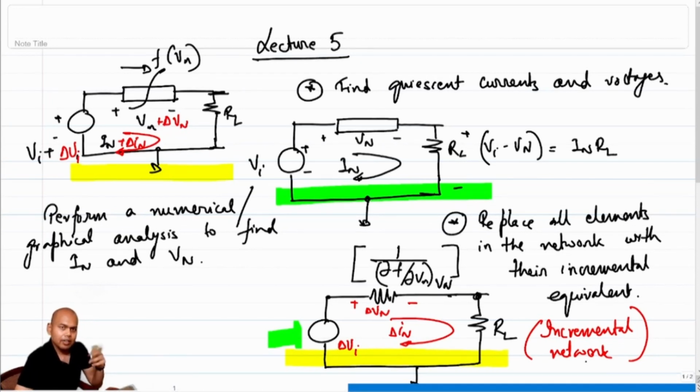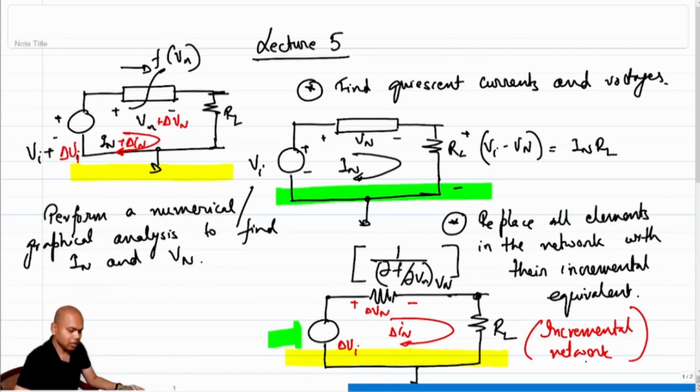If delta Vi becomes 10 millivolts, I replace it with 10 millivolts. If delta Vi is 100 millivolts, I replace it with 100 millivolts, and I do the incremental analysis again. So you have to do the quiescent analysis once, and at the cost of doing it once, you are able to do all the incremental analysis in a linearized fashion, right? So that is the power and the strength of this method.